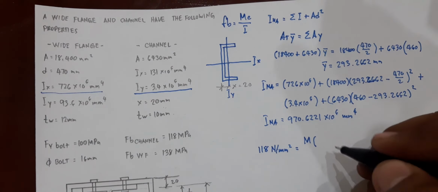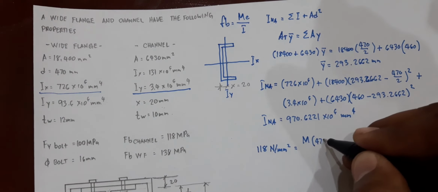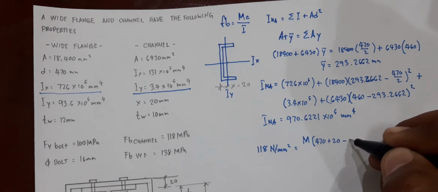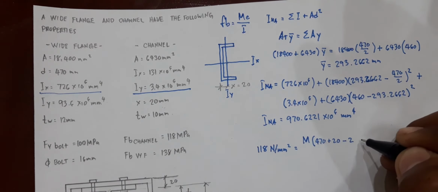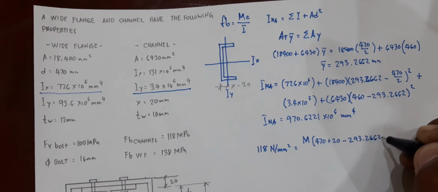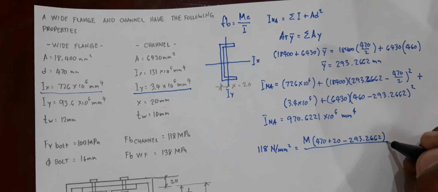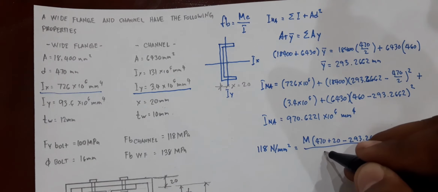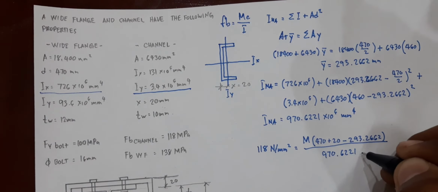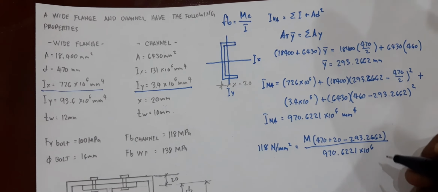Overall depth would be 470 plus 20 less 293.2662. Okay? Divided by I, you have there 970.6221 times 10 raised to the 6.